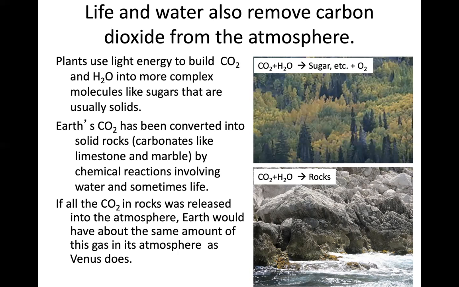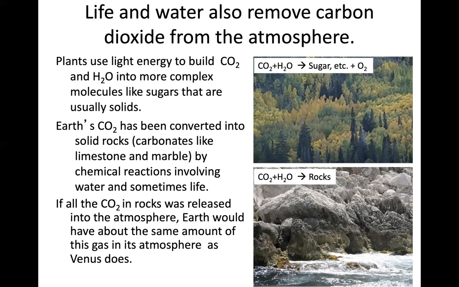Now, if you took all of the carbon that is locked up in these sorts of carbonate rocks and trees and in coal and oil and all of that and put it into the atmosphere, you would get about 90 times Earth's current atmosphere.